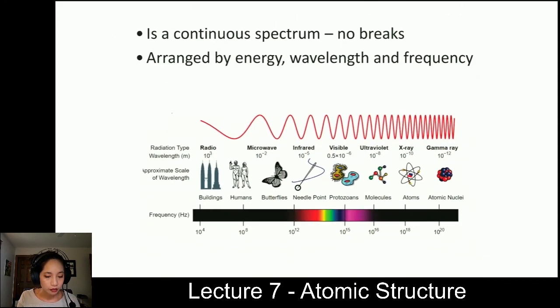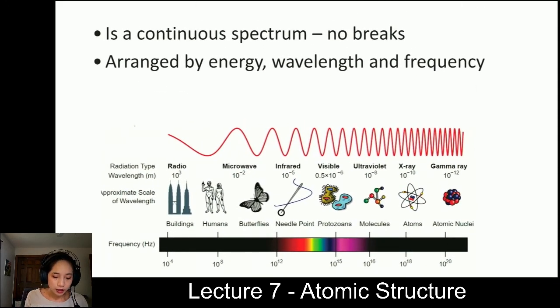So let's take a look at the electromagnetic spectrum again. A different picture. This one's interesting looking. This is the same spectrum as the previous slides. It's continuous. There are no breaks. But remember how I told you that it's arranged by energy, wavelength and frequency, because all of these terms are related to one another by those equations that I showed you.